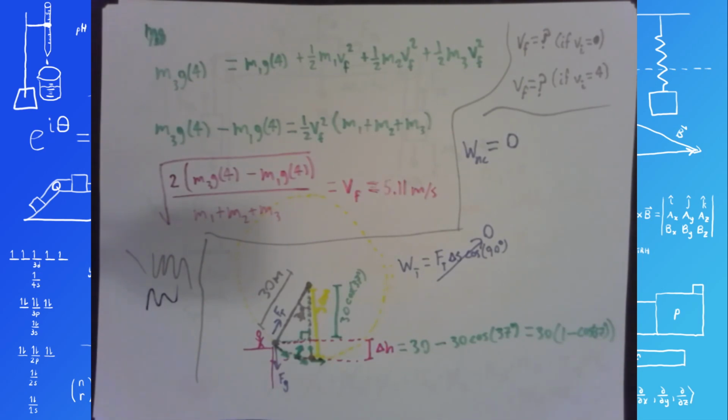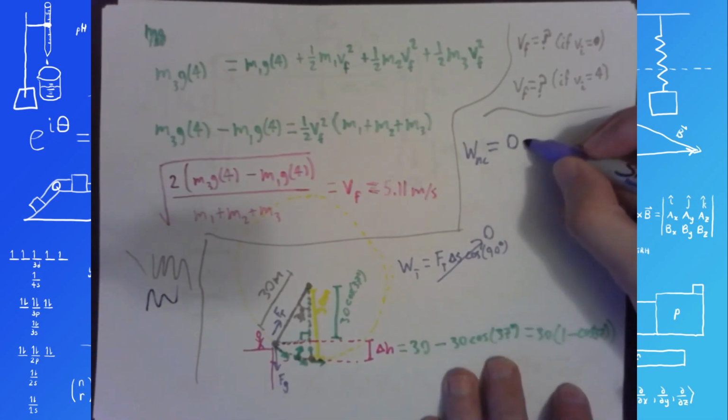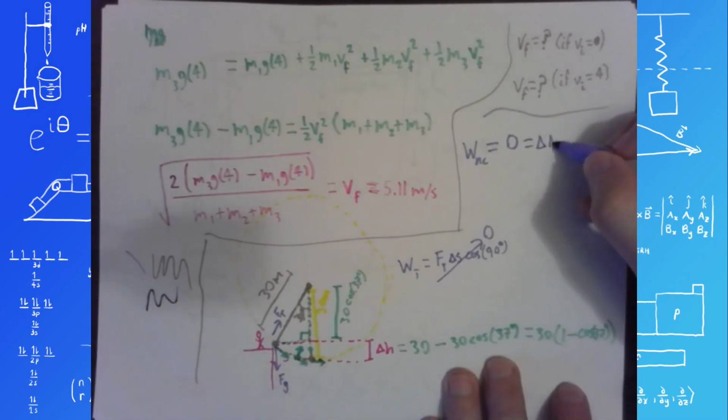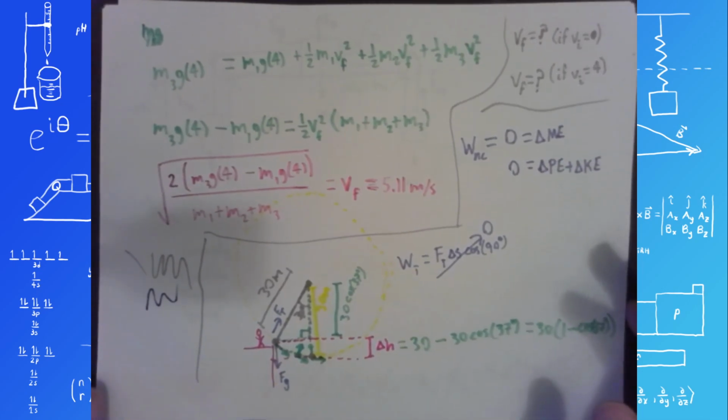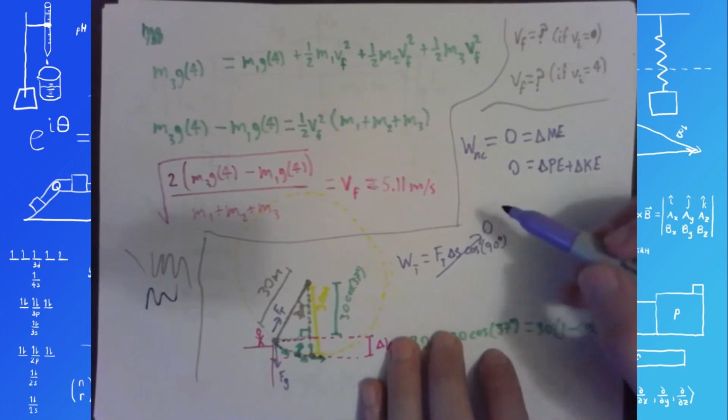Okay. Now that we've proven that, we can say that the change in mechanical energy is 0. Or that the change in potential energy plus change in kinetic energy is 0. And what is the change in potential energy going to be?